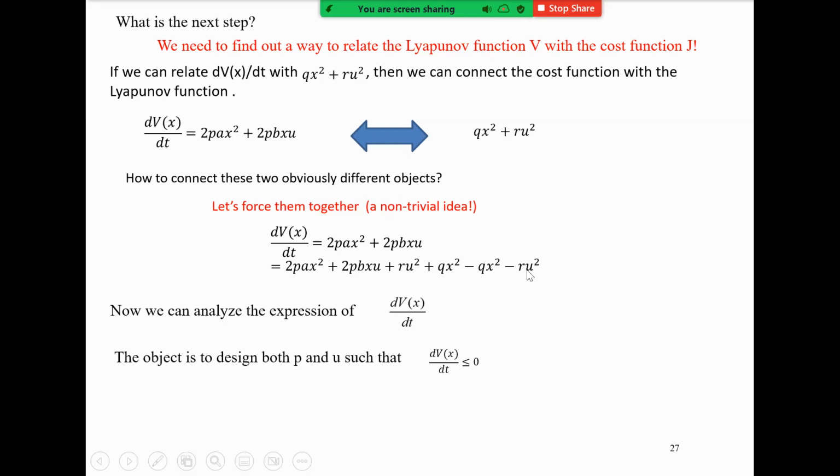Then you look at this form. We know that Q and R are positive, so those two terms are non-positive. Negative sign, that's what we want. But somehow those terms, we're not sure. We know P is positive, but the term depends upon A, and we don't have any condition on A. A could be positive or negative.